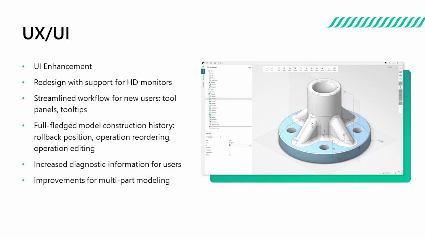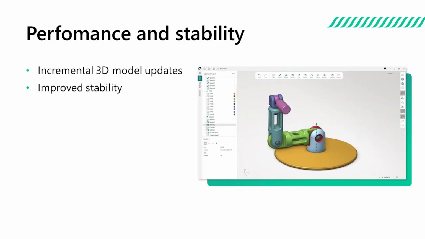SprutCAM X17 boasts one of the most significant updates in the parametric CAD module. Firstly, we have enhanced the interface and overall workflow for creating geometry. Secondly, through incremental updates to the components of the 3D model, we have improved performance and stability.